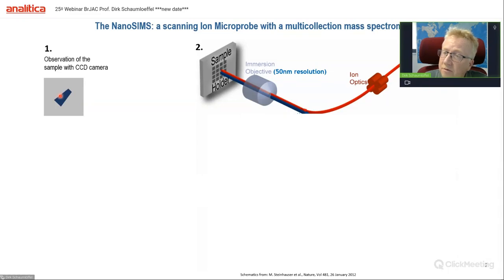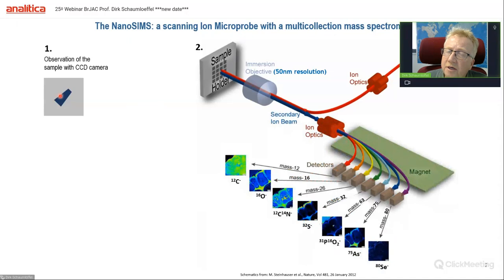And I will come later to why cesium or oxygen. With either cesium or oxygen, you are scanning the sample surface down to 50 nanometers resolution. And then you are ejecting or creating the secondary ions, a secondary ion beam, which is extracted, focused, and then separated in a mass analyzer.